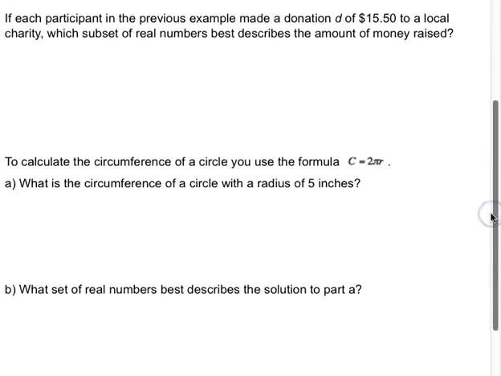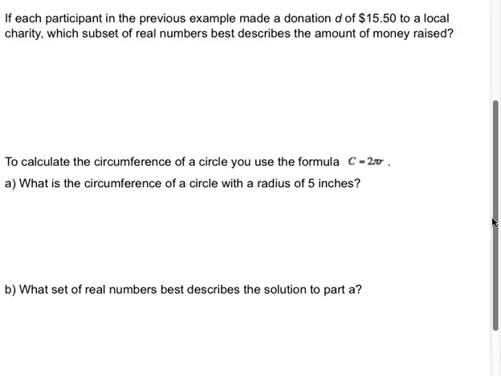How about this next one? If each participant in the previous example made a donation of $15.50 to a local charity, which subset of real numbers best describes the amount of money raised? All right, well, how much money could we raise? Well, any multiple of $15.50. So what that means is, in this instance, we actually need decimals, correct?